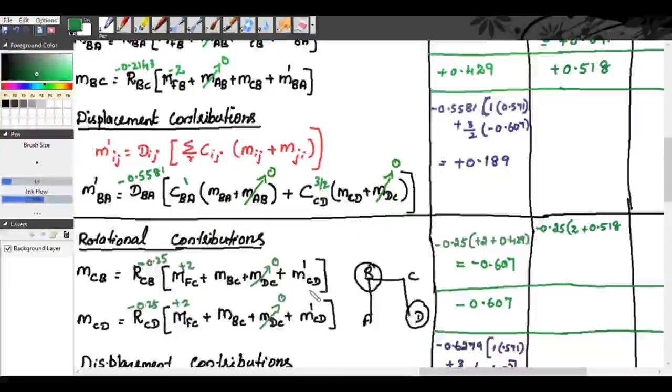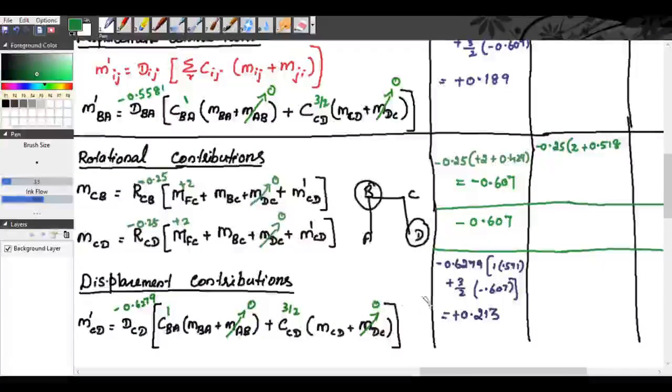M dash of CD we obtained as plus 0.213. So, we get MCB is equal to minus 0.683. MCB and MCD are also the same, so we get minus 0.683. Now, displacement contribution.